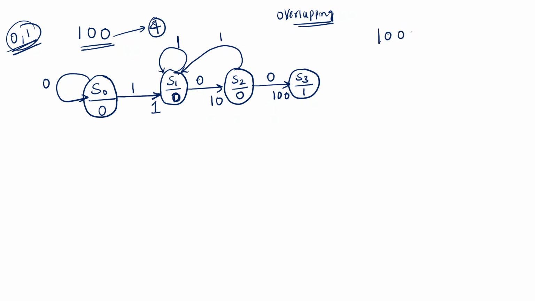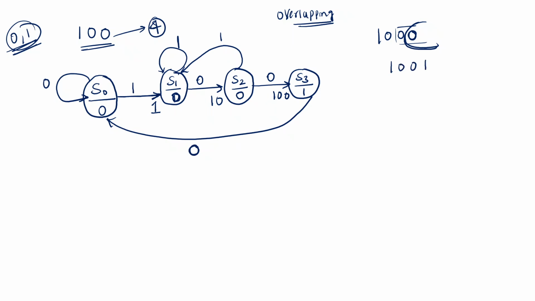Next if I see 0, I am checking for two bits, not matching. 0 0, 1 0 not matching. 0 1 is matching, no? So 0 is matching. Where will it go? S0.